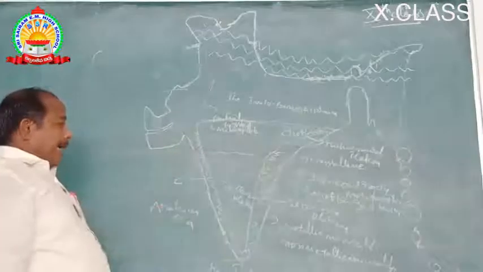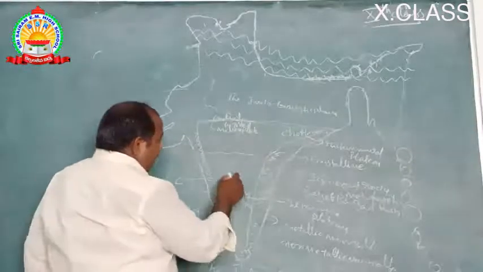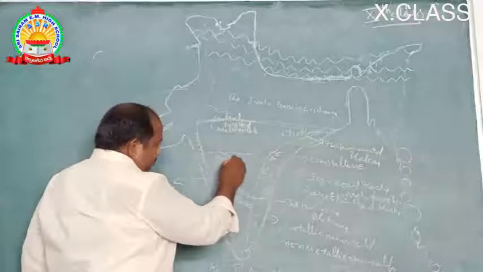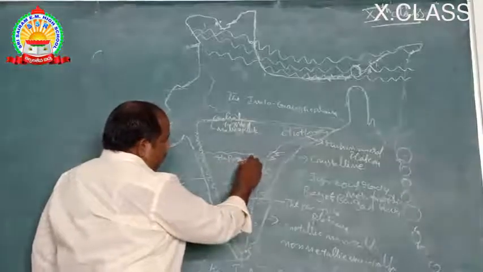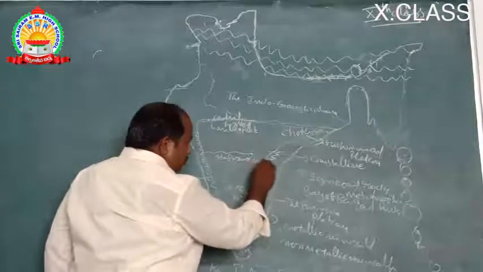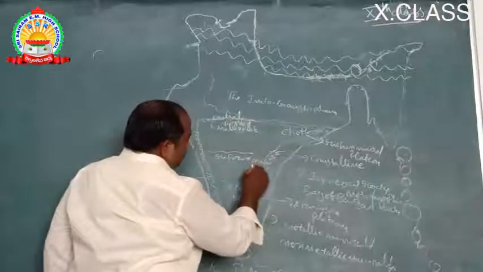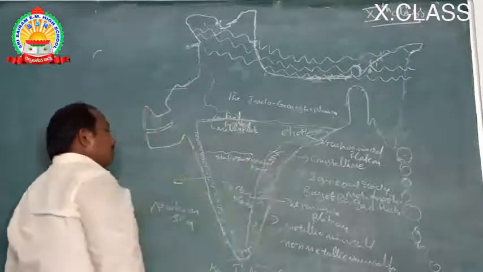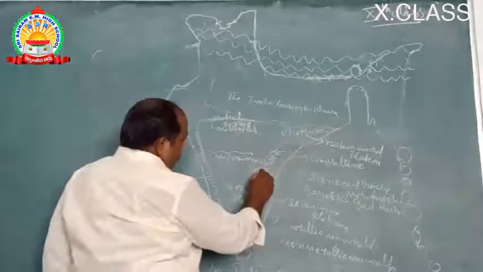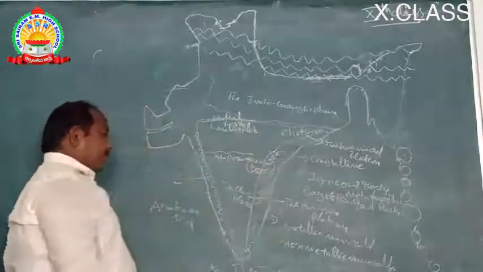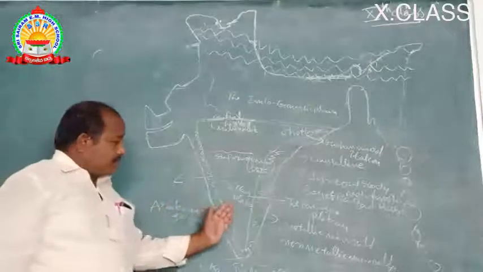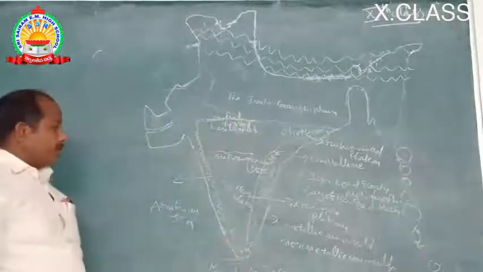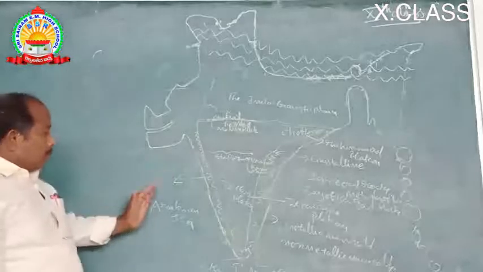Next, the Deccan Plateau. The boundaries of the Deccan Plateau: north is the Satpura Range, east are the Mahadev Hills, Kaimur Hills, and Maikal Hills, west is the Western Ghats, east is the Eastern Ghats, and south is the Nilgiri Hills.